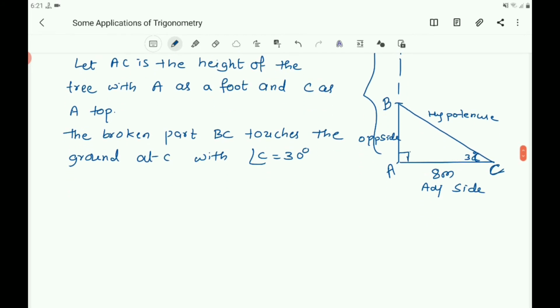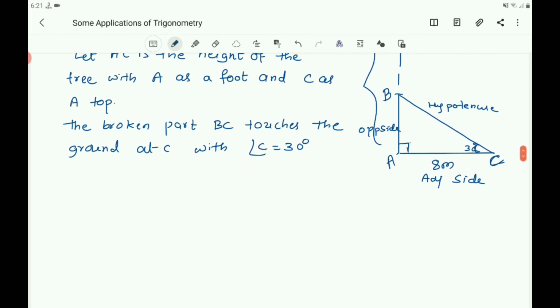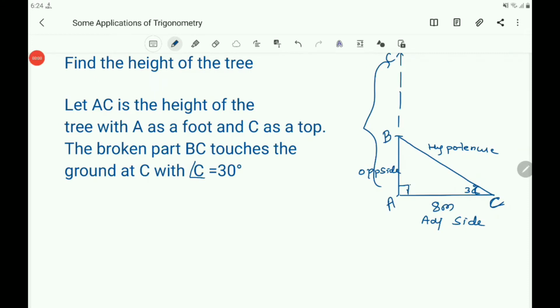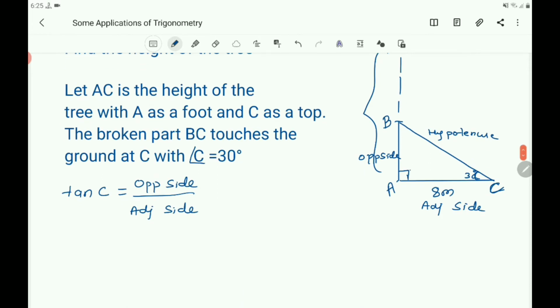So use the ratio tan theta and get the value of AB. With respect to the angle C, AB is the opposite side and AC is the adjacent side. Then tan C equals opposite side by adjacent side, and C is 30 degree. So tan C means tan 30 degree.